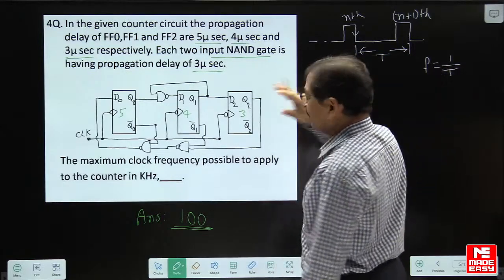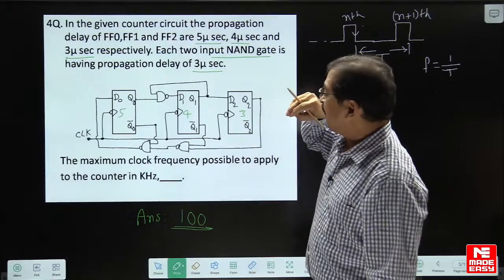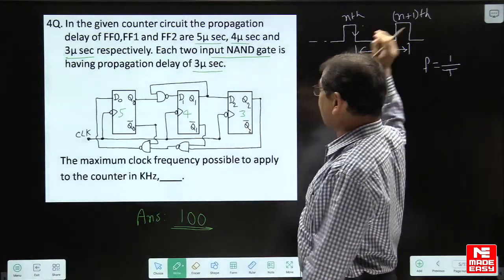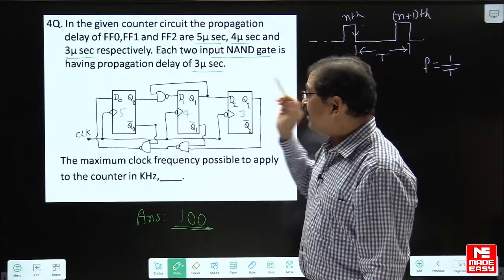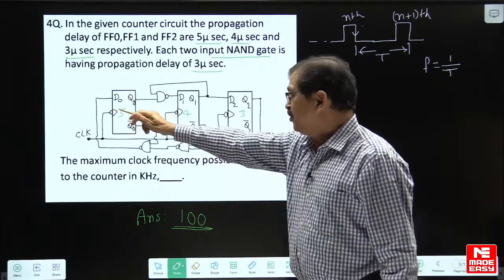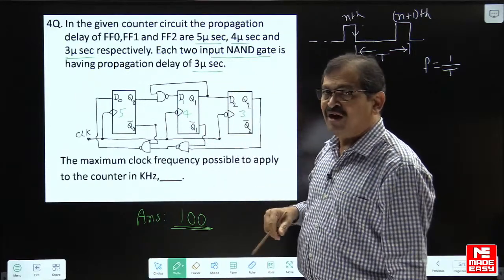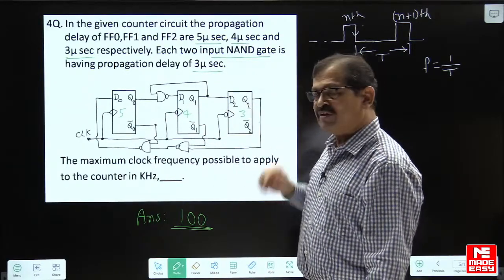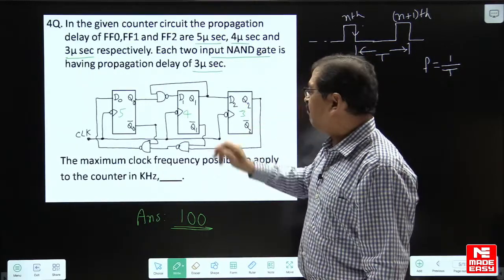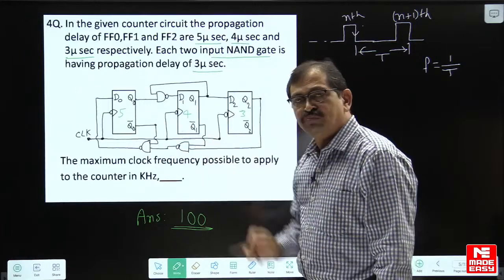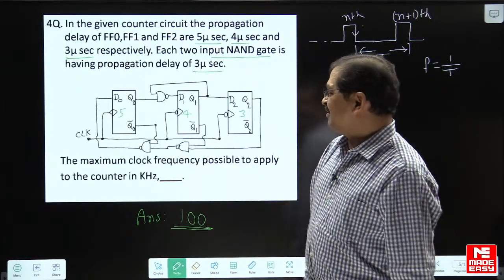So after applying a clock, because of the changes, we need to find how much time is needed before applying the next clock pulse. That means at what time the flip-flop 0 input is ready after the clock signal, after what time the flip-flop 1 input is available, and similarly for flip-flop 2, when the input is available after the clock pulse. We have to find this.